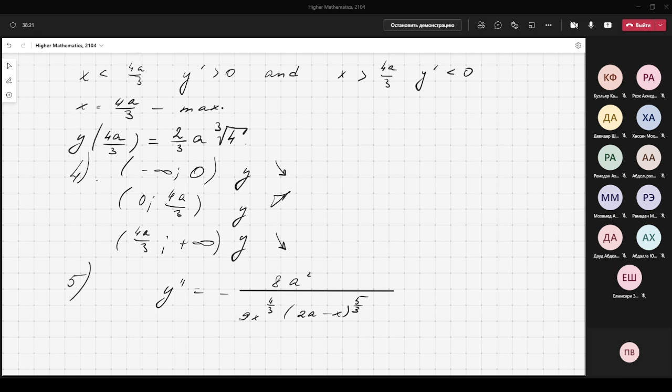It does not vanish at a single point. Yet there are 2 points at which the second derivative is discontinuous. x first is 0 and x second is 2a.